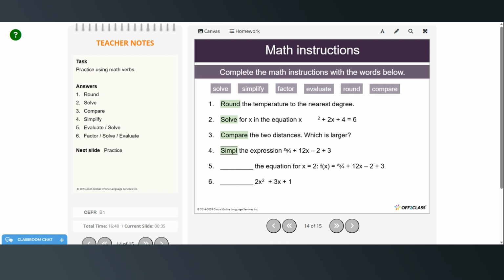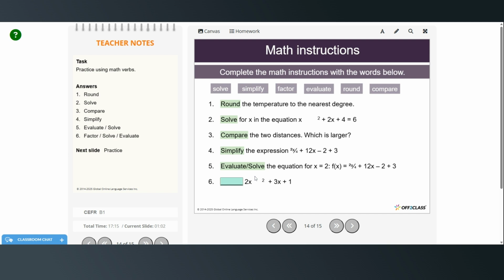Simplify the expression 2x over 4 plus 12x minus 2 plus 3. Number 5 is evaluate or solve the expression or the equation for x equals 2, 2x over 4 plus 12x minus 2 plus 3.